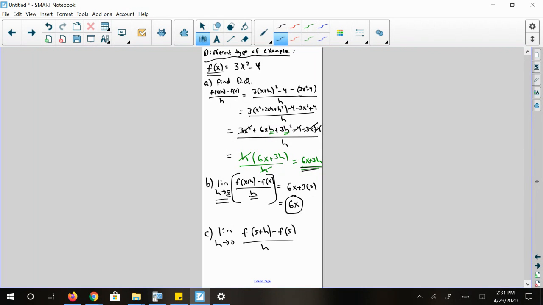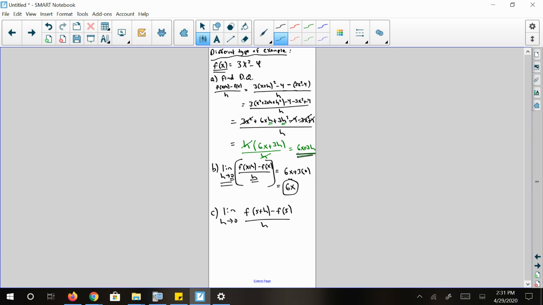Okay, I said find the limit as h approaches 0 of this difference quotient. This says find the limit as h approaches 0 of a difference quotient, but instead of having x, we've substituted in a 5. Okay. Well, think about it. On the last problem, on part B here, when this was an x instead of a 5, when we evaluated this, we got 6x.